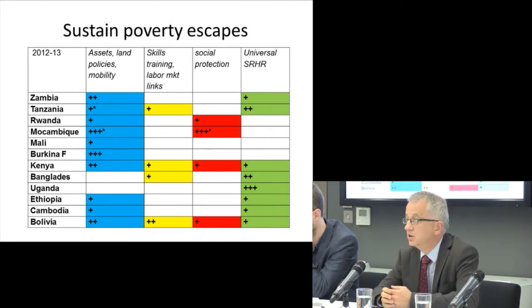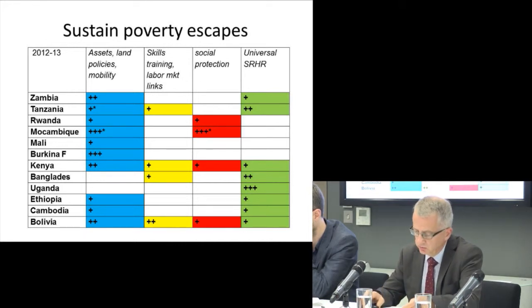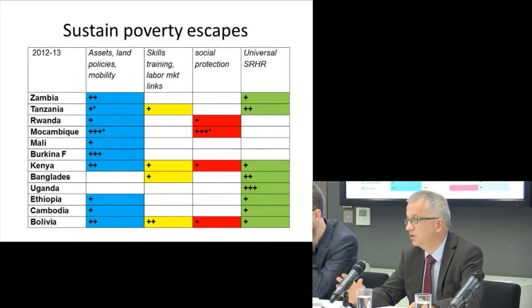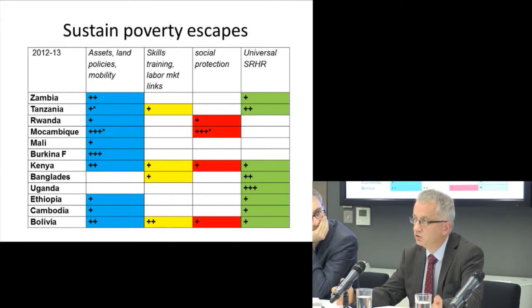Social protection. Well, we have this debate: should donors be involved at all? And that's debatable. But still, when especially African countries now introduce a number of programs in this area, there are certain things that could be done by donors, even if they should have a sort of hands-off approach.